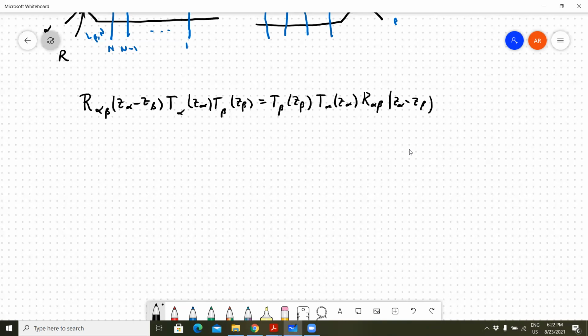What we will do now is claim that the generating function of our charges, this should be Z, is the trace over this auxiliary space.